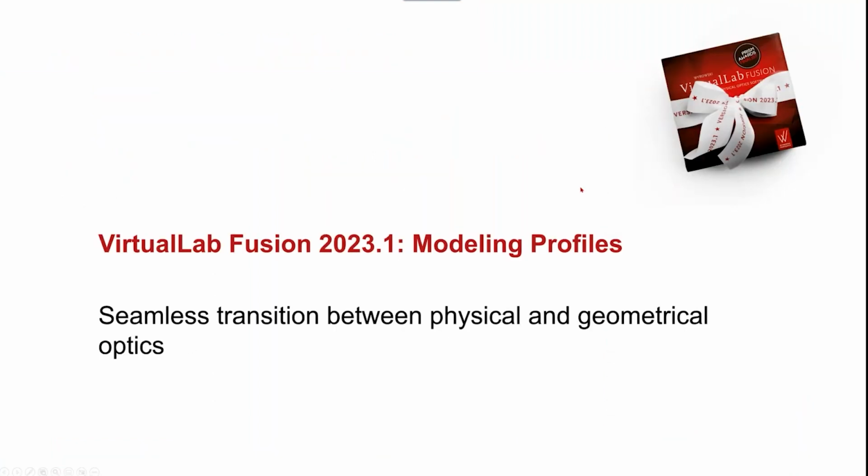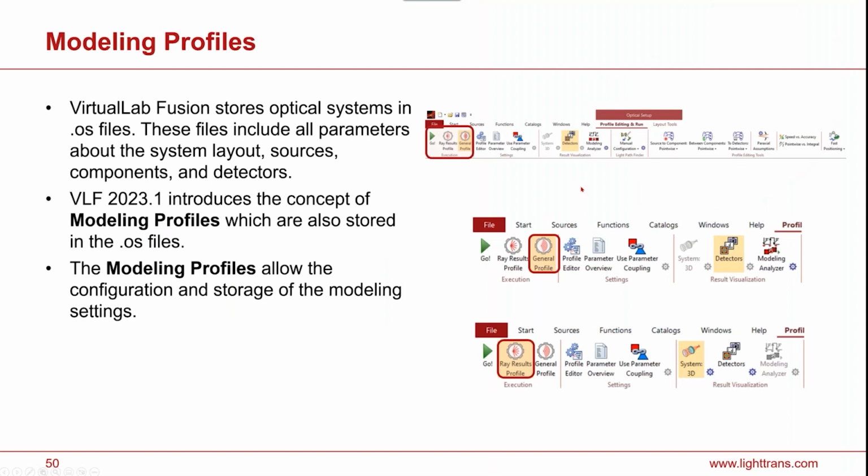Now, let's come to the modeling profiles. We introduced these modeling profiles as a new part of the optical system files. You know, if you use VirtualLab, the system is defined in an OS file, in the optical system and the editor of the optical system.